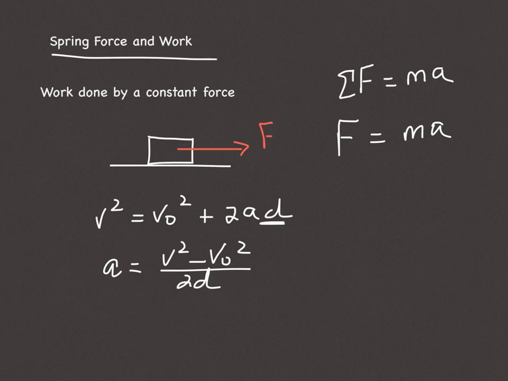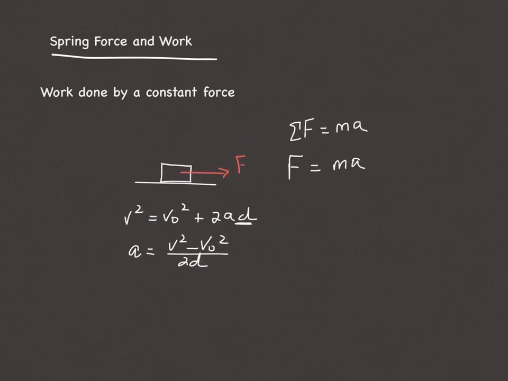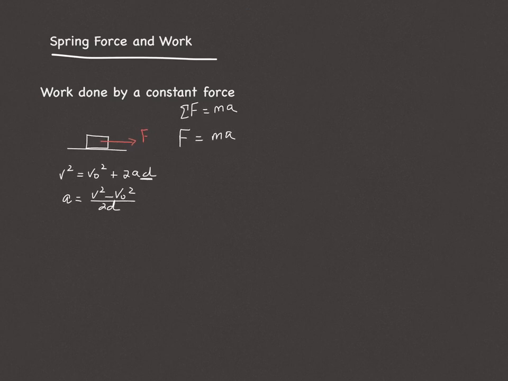So we're going to plop it into F equals ma. Now F is equal to m times v squared minus v naught squared over 2d.